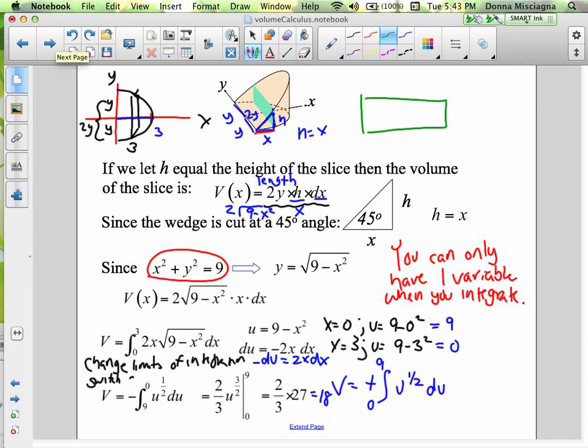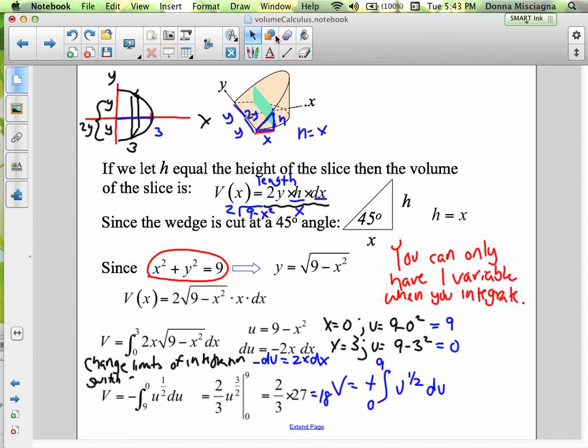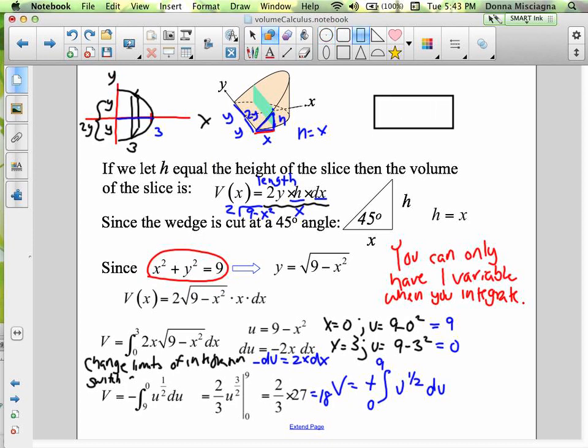I could do a better rectangle if I use a shape tool here. There we go, there's our rectangle. And it's over here as well.